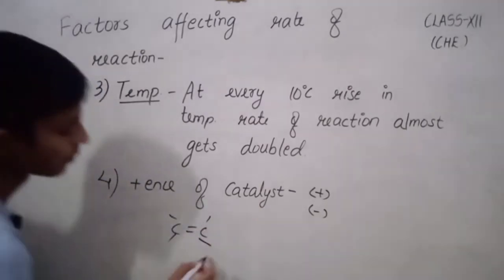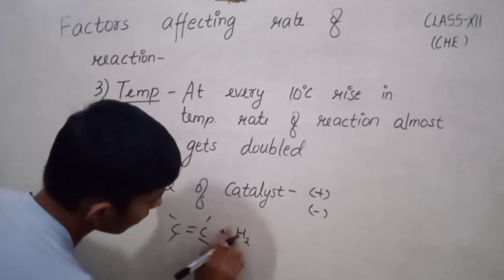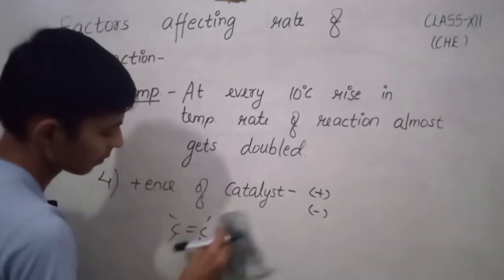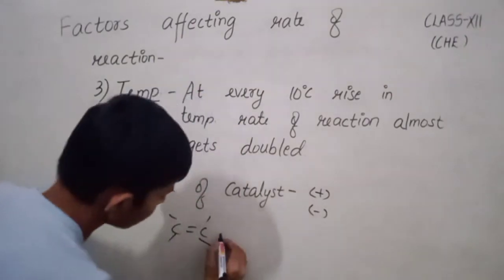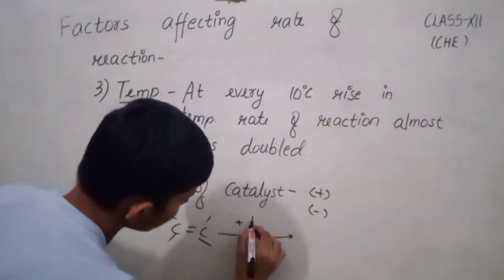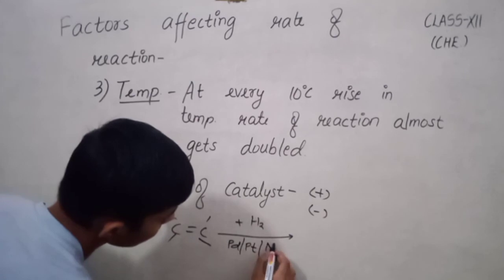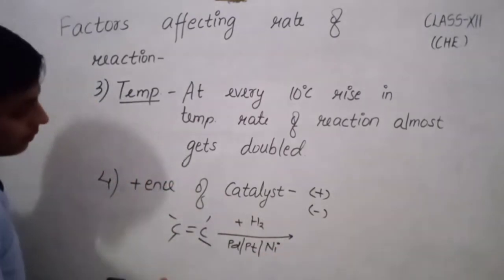This is our example: ethene plus H2 in presence of palladium, platinum and nickel.